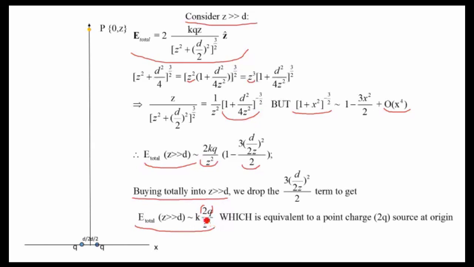Well, that's equivalent to a point charge 2q at the origin. So as we go farther and farther away, that's what I meant. It looks like these things are approaching a point charge. And so we end up with just a point charge E field at very large distance. And realize, of course, that such an E field would only be in the z direction because of the fact that the charge is sitting at the origin.